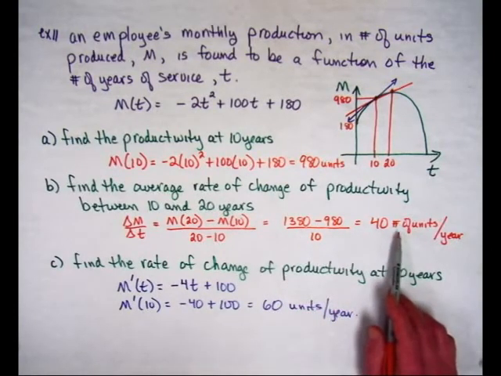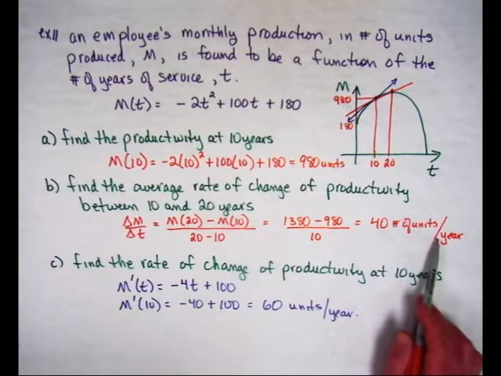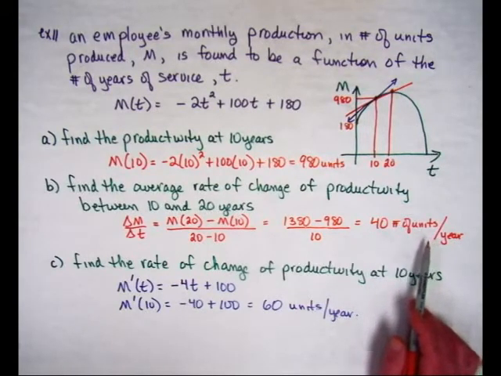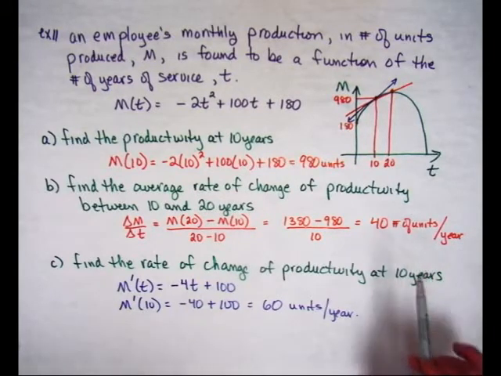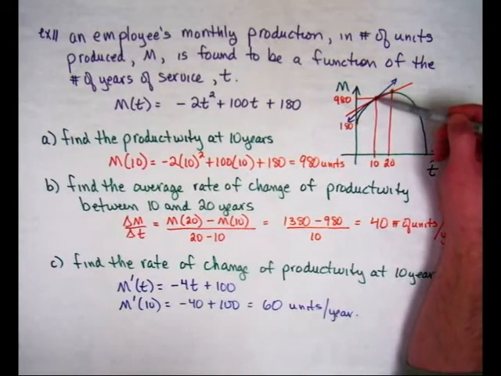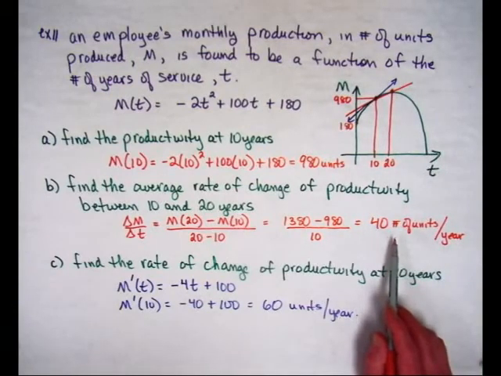So now we're finding that the employee was making 40 units per year more on average between their 10th and 20th year. But it still is only an average. It's not telling us how they were doing on their 10th year or their 11th year or their 12th year. It just tells us that between 10 and 20 years, on average, they were producing 40 units a year more.